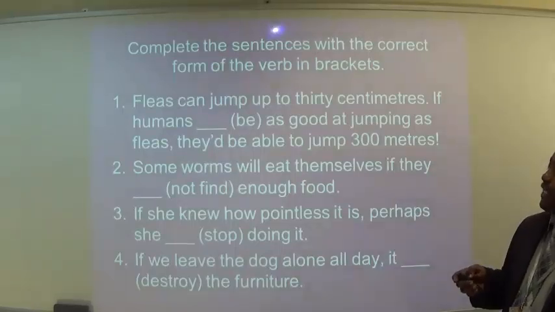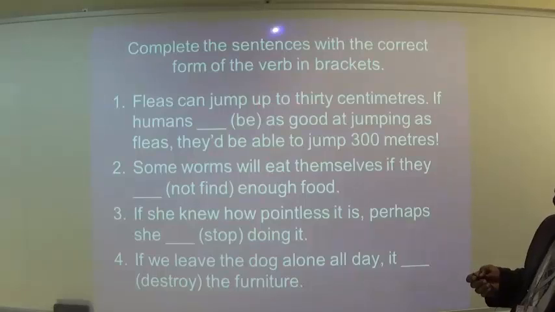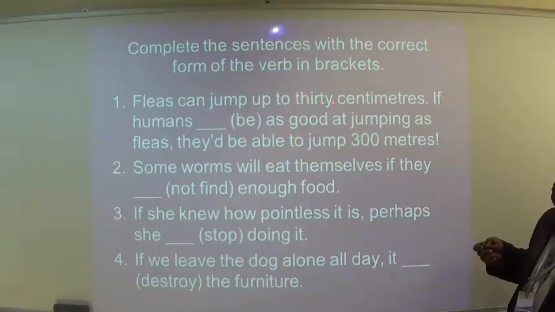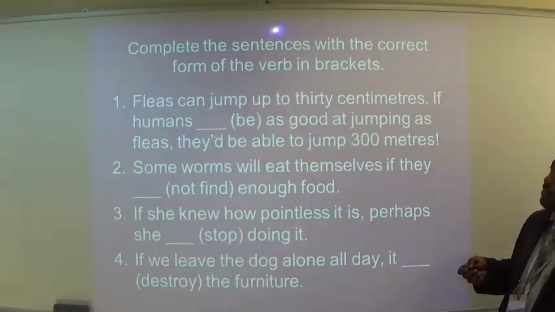Exercise. Complete the sentences with the correct form of the verb in brackets 1, 2, 3, and 4, and I will give you a minute here to think about the answers, how they would be here, in the spaces.